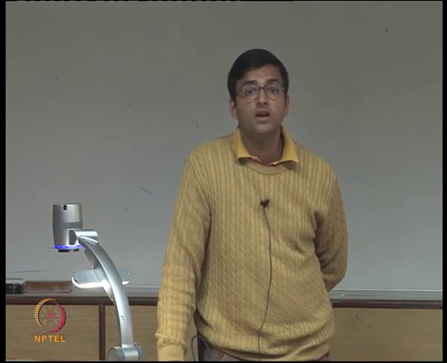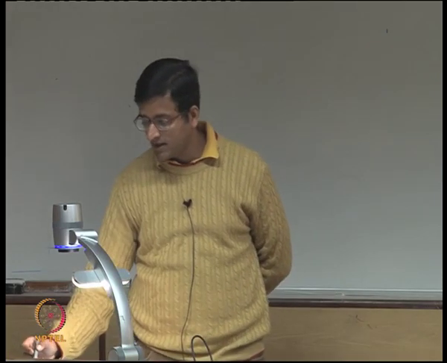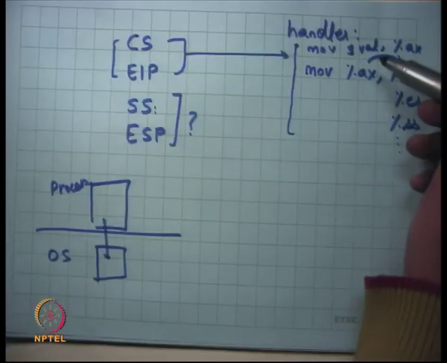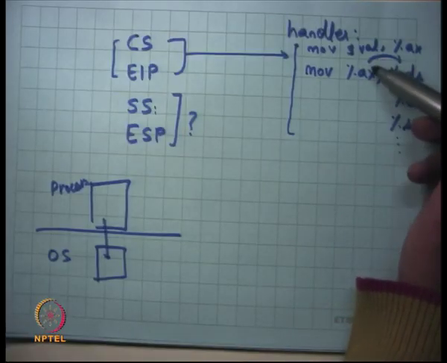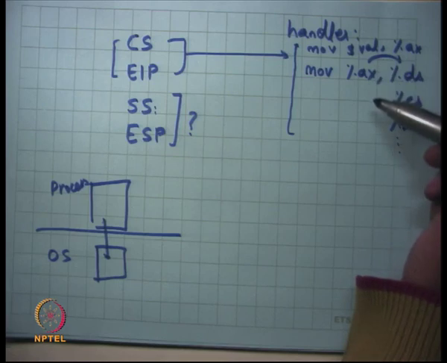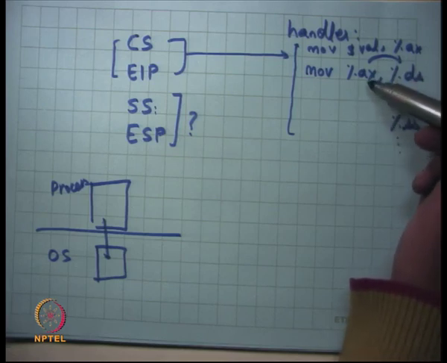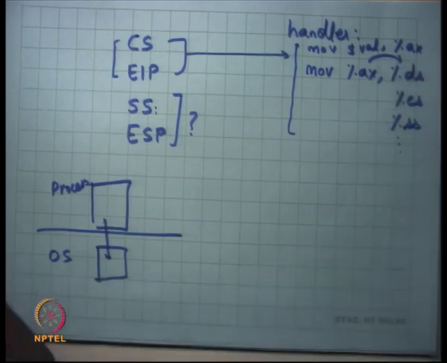Sir, if the handler is making a change to a register, do we need to restore that as well? If the handler is making a change to the register, it's happening in software. So the software writer should save that in software, but the hardware doesn't need to save it.